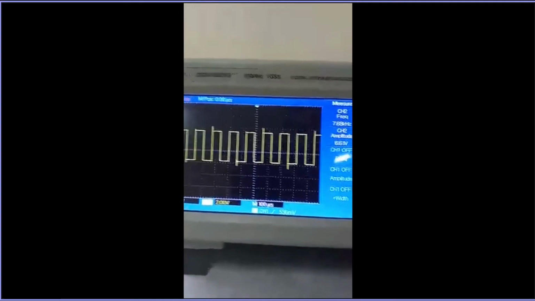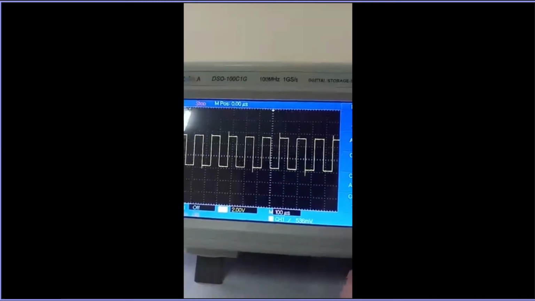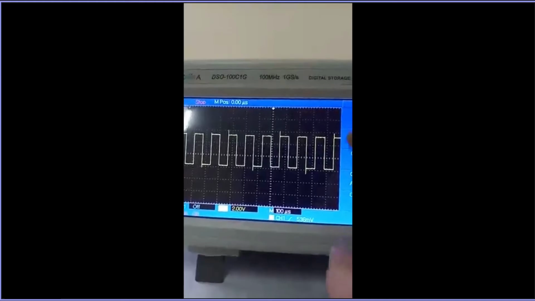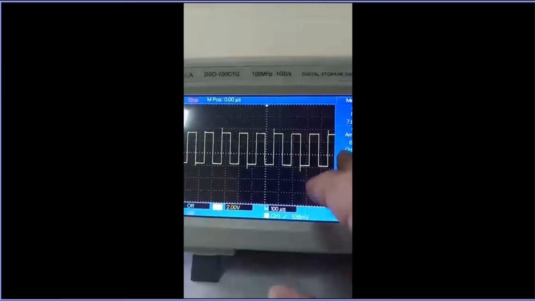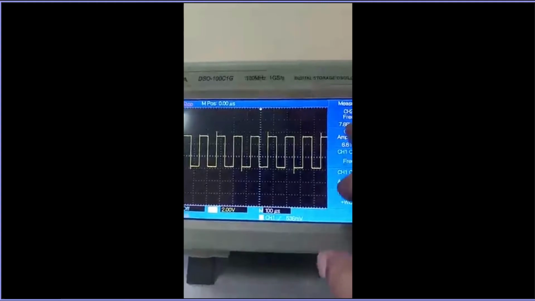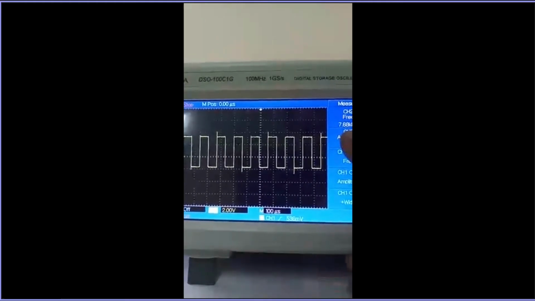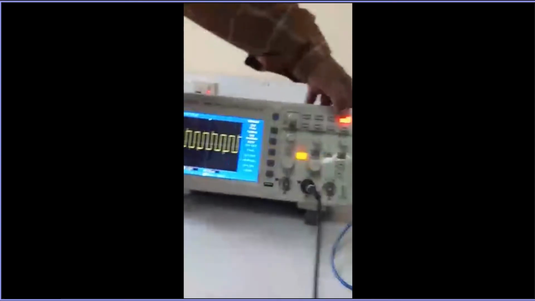You can see it is 7.68 kilohertz. It is good. The minimum possible value for this should be 4 kilohertz as per the Nyquist criteria. Voltage is not so important here, however we should take the reading. So voltage is 6.6 and the frequency is 7.68 kilohertz. So it is satisfying the Nyquist criteria.